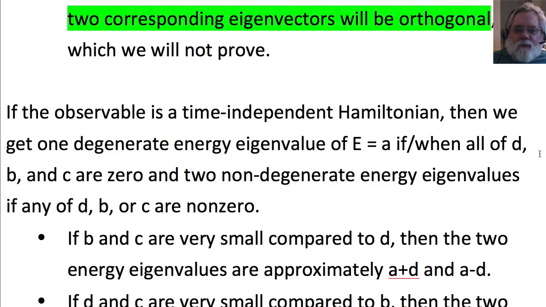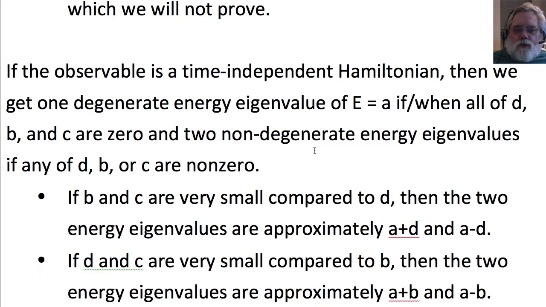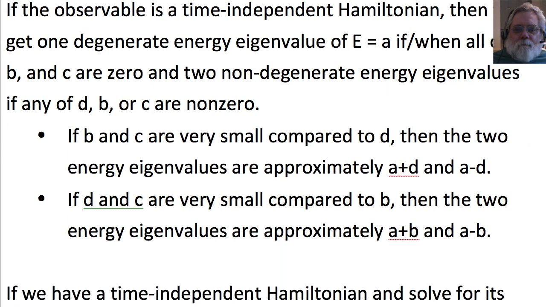But if any of them are non-zero, then we get two non-degenerate energy eigenvalues. If B and C are very small compared to D, then the two energy eigenvalues are approximately A plus D and A minus D. If D and C are very small compared to B, then the two energy eigenvalues are approximately A plus B and A minus B.